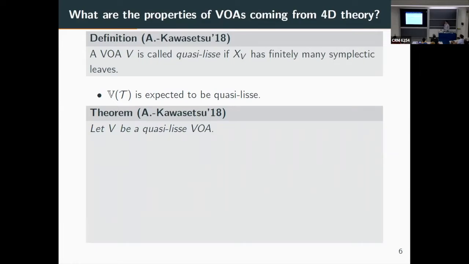If V is a quasi-lisse vertex operator algebra, then one can show that there are only finitely many simple ordinary representations. Ordinary representation means those representations whose character makes sense.